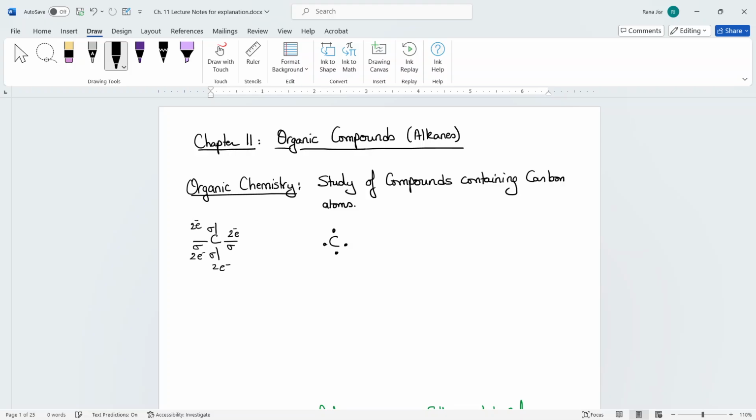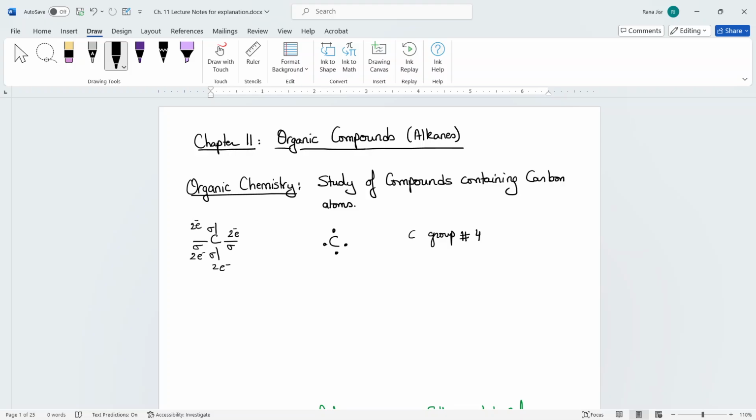This is a review of 111. Carbon has 4 valence electrons because carbon is group number 4, and carbon makes a covalent bond with another 4 electrons to achieve the octet state.